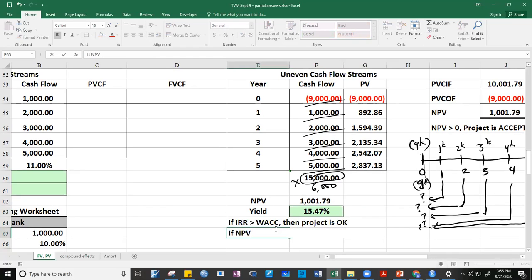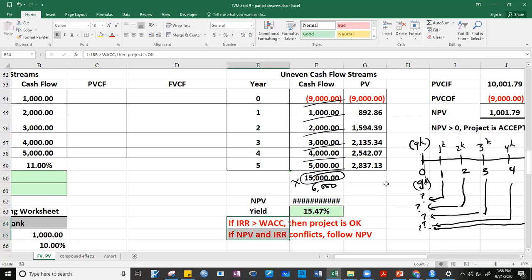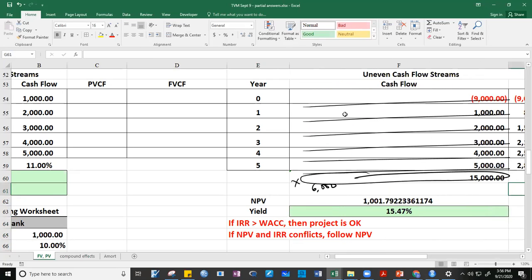If NPV and IRR conflicts, follow NPV. Okay? So, ginamit natin si IRR. So, the formula is IRR.